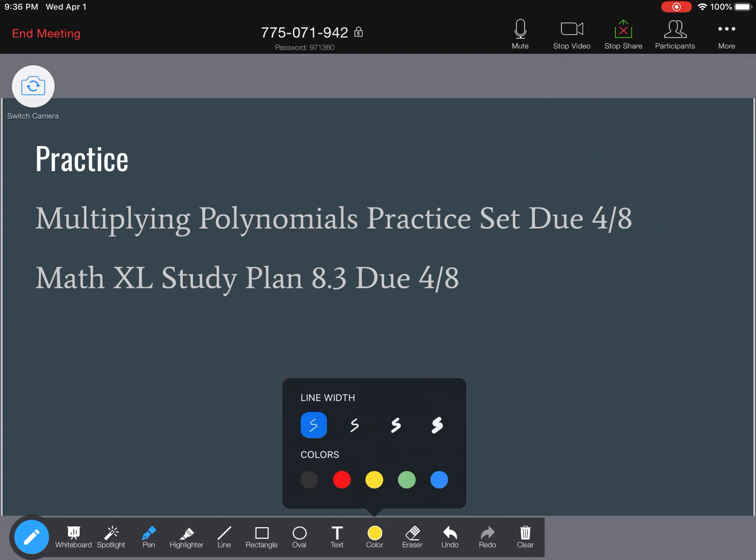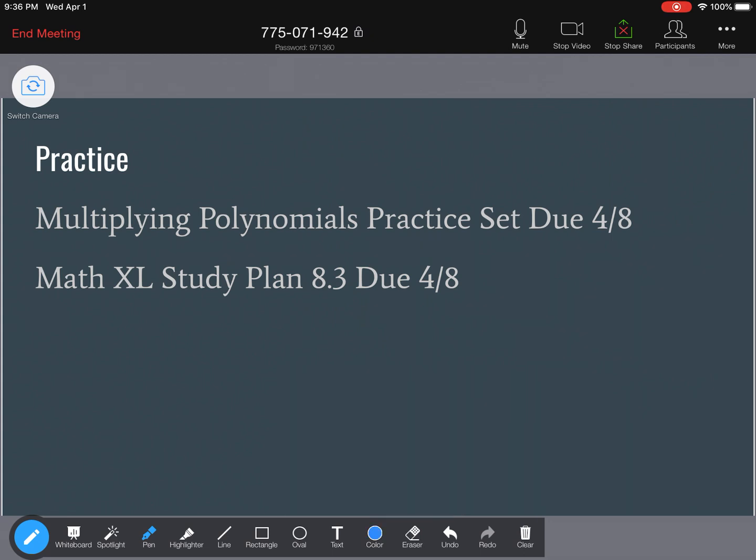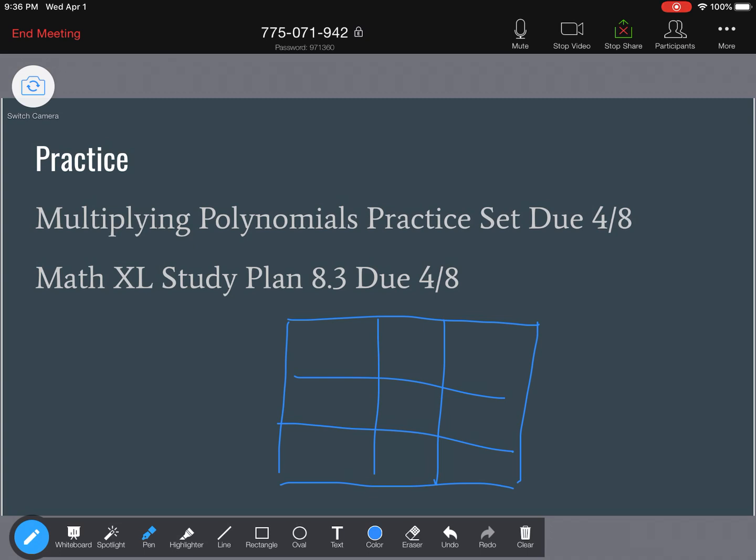And just for clarity, a trinomial will need to have a box that has 9 boxes on it. So your box should look something like that, and you'd have a term in each box, working through each row at a time, like that.